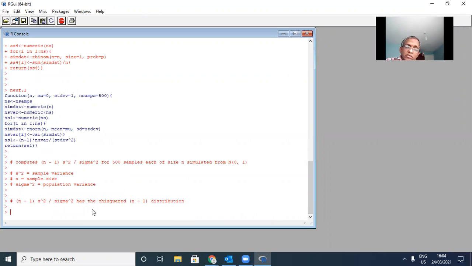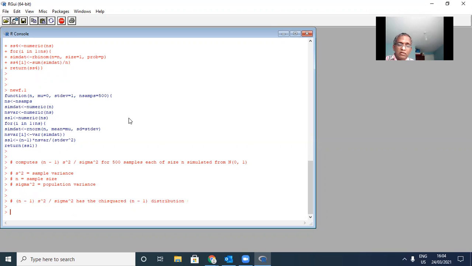I mentioned this result in the video on chi-squared. If you don't remember, please go back and have a look at the video I did earlier on chi-squared. Now what I'm going to do is use this function new f.1 to illustrate. This is a theoretical result, right? So I'm going to illustrate this theoretical result using the new f.1 function using simulation.